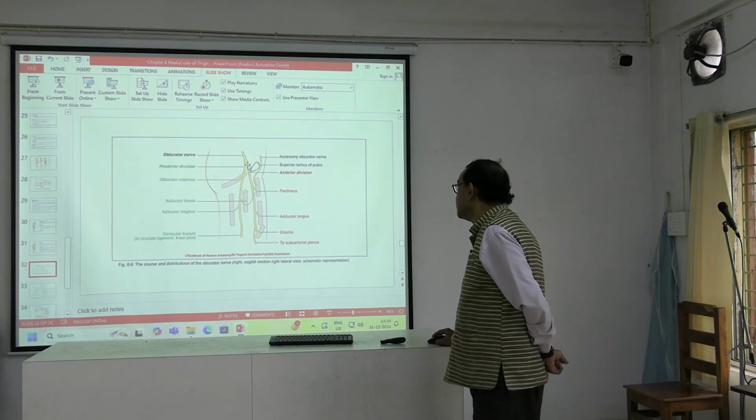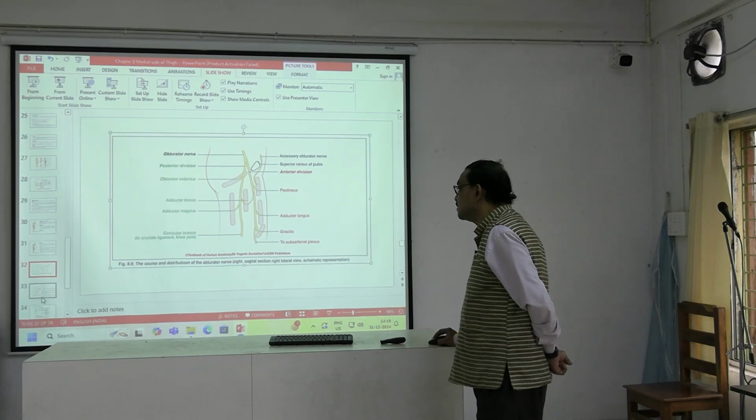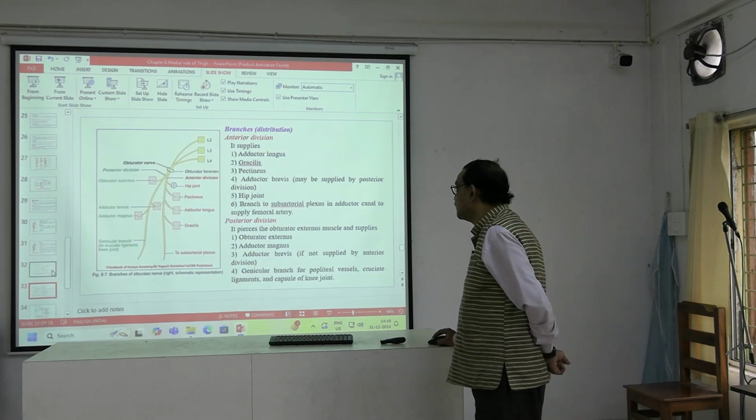The anterior division will supply the medial part or adductor part of the pectineus, adductor longus and gracilis, whereas the posterior division sometimes supplies the adductor brevis and also the adductor magnus, and this is obturator externus, and ultimately it passes through the fifth osteoaponeurotic opening.